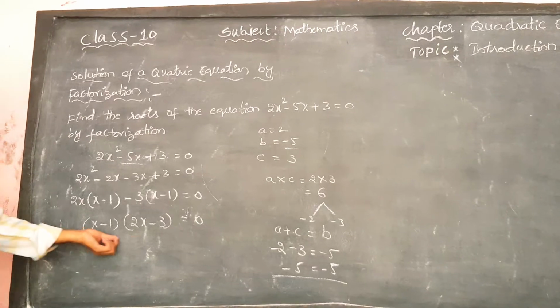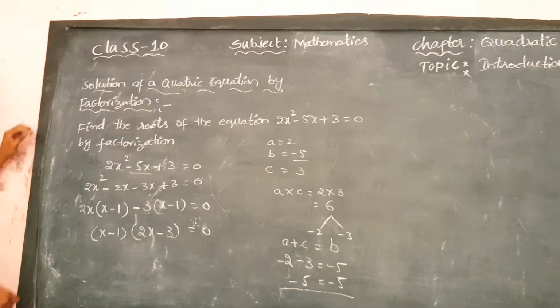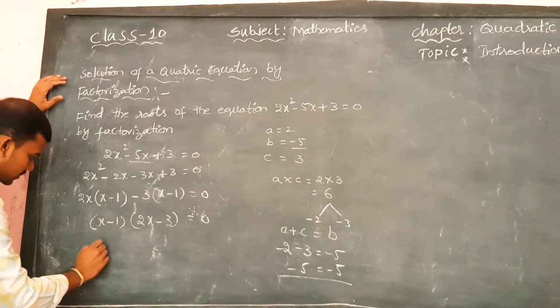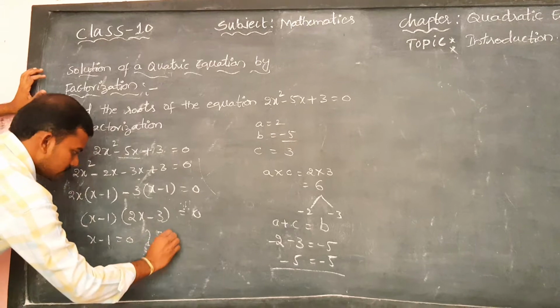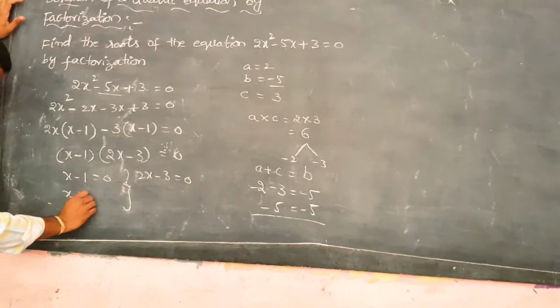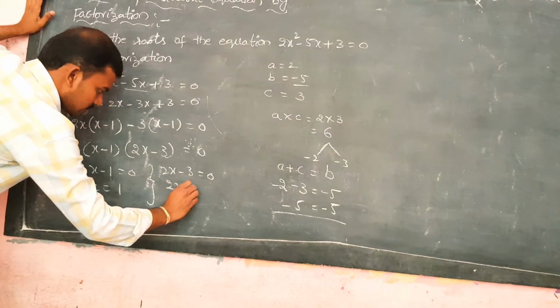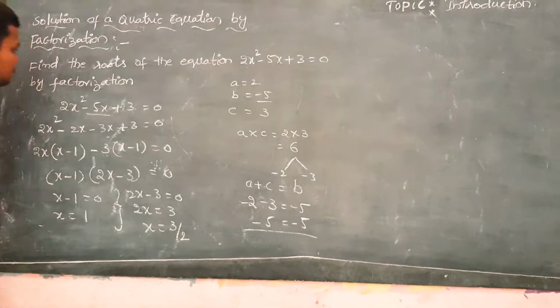So each factor must be equal to 0, and we get the roots of the equation. So x minus 1 is equal to 0, 2x minus 3 is equal to 0. Here x is equal to 1, 2x is equal to 3, x is equal to 3 by 2.